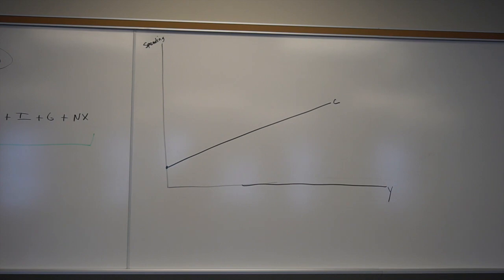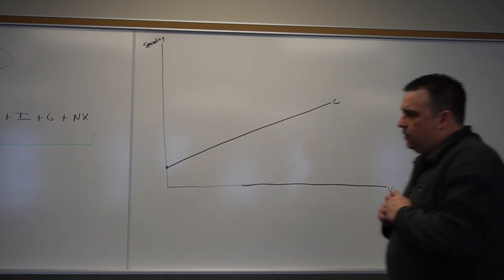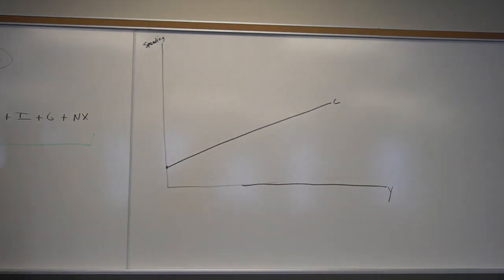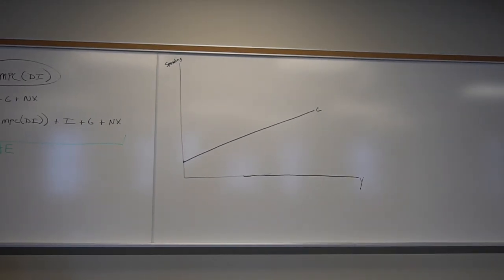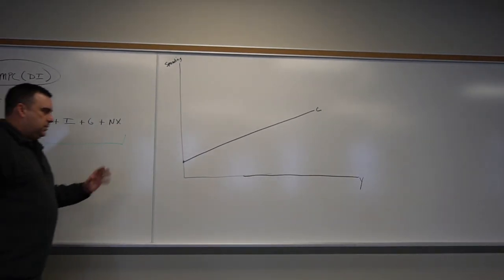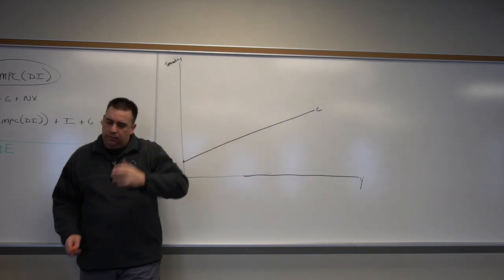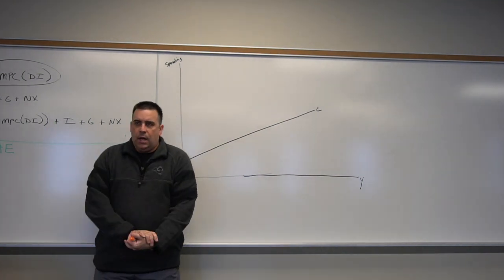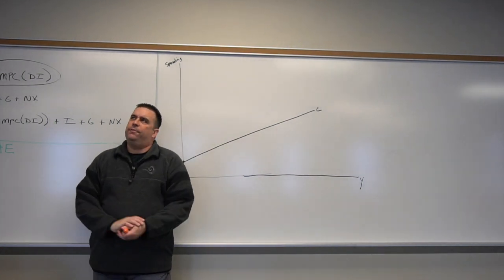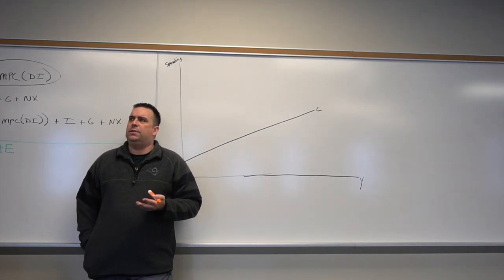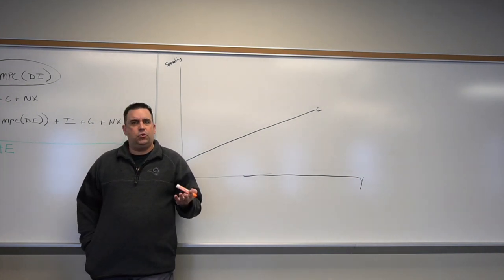And all I want to do is start adding in these other variables. So let's think about the story here. Let's think about firms. What would we expect firms to behave like? Firms, so we're talking investment. Well, I would think that firms are going to respond to increases in income the same way consumers are.